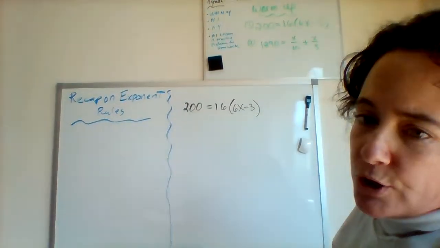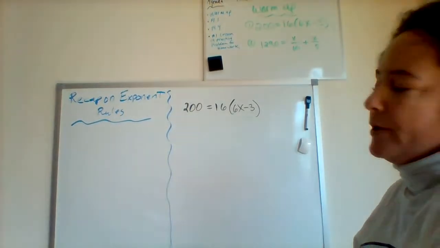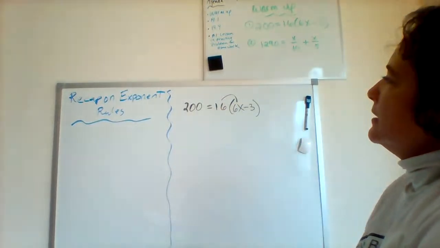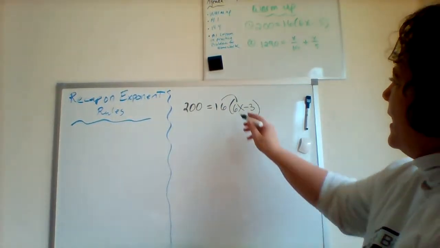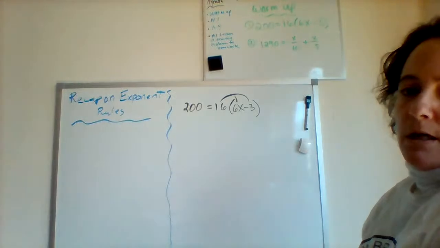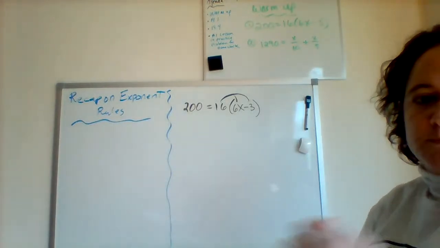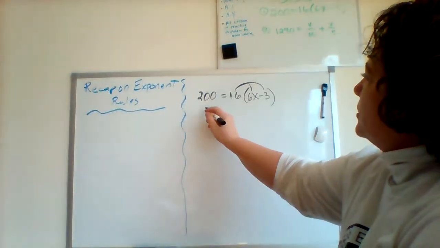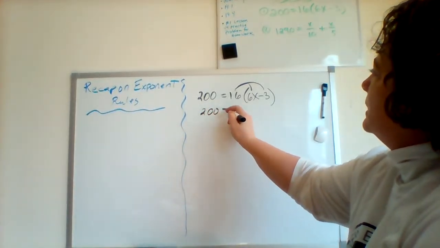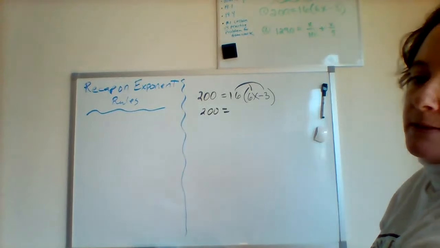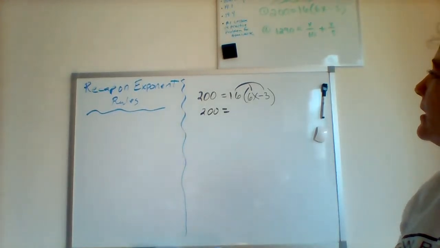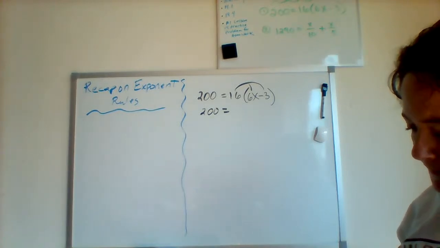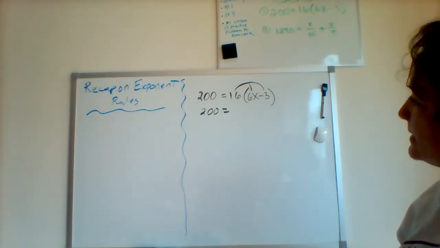If you choose to distribute first, then you're going to multiply 16 times 6x, and then 16 times -3. So we'll leave 200 alone. And 16 times 6x should be 96x.